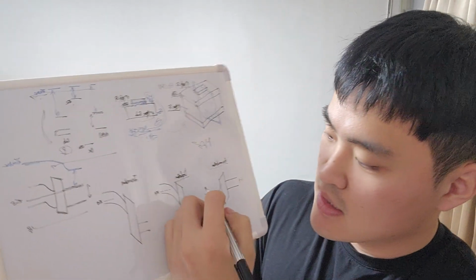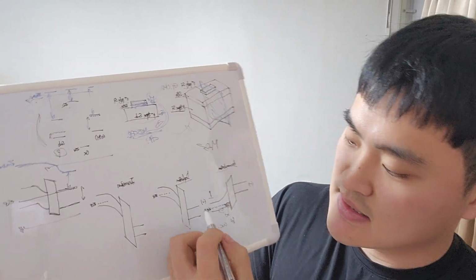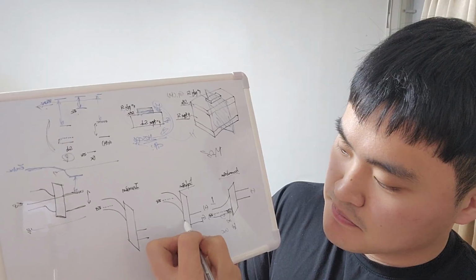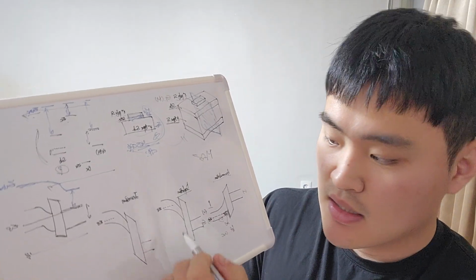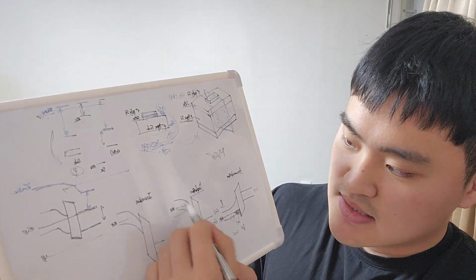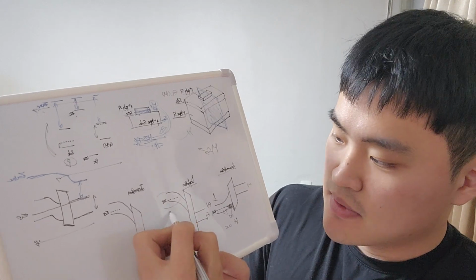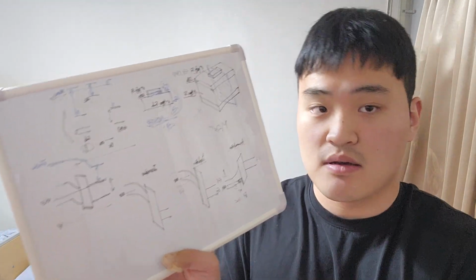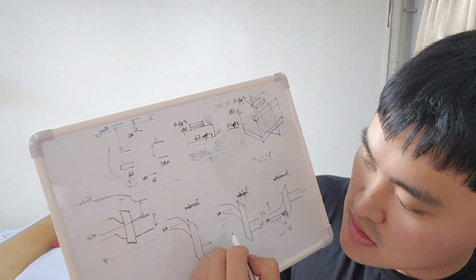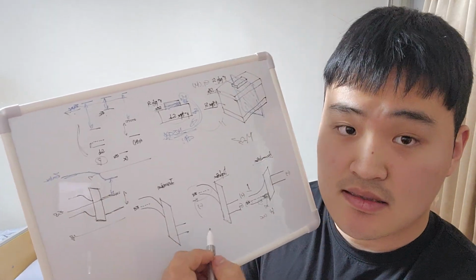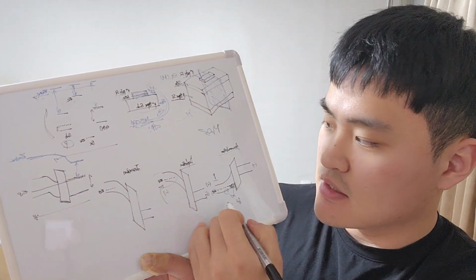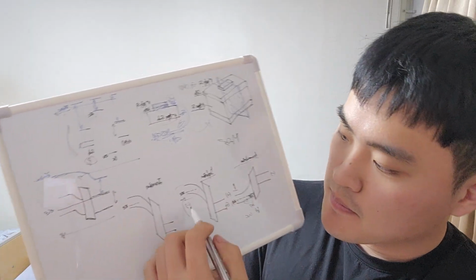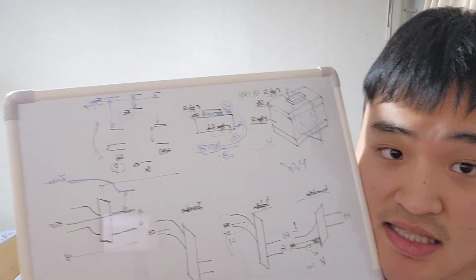And for the next, when we put plus bias on the gate, the p-type might get a negative bias, so its energy band gets way higher than in accumulation. And it just looks like this.